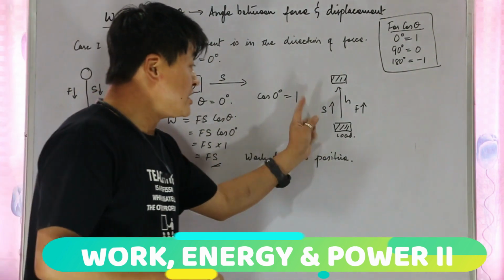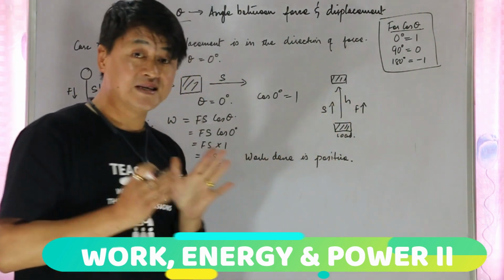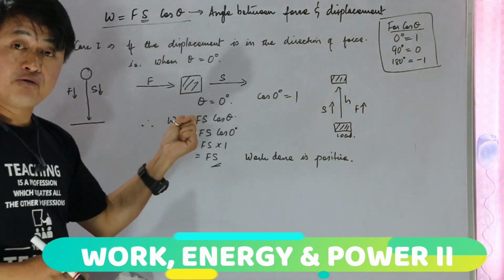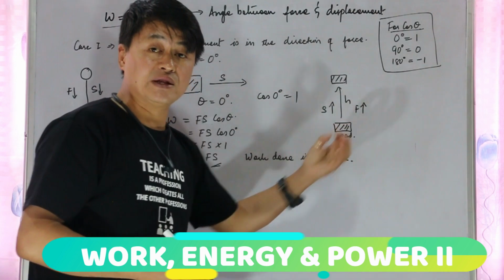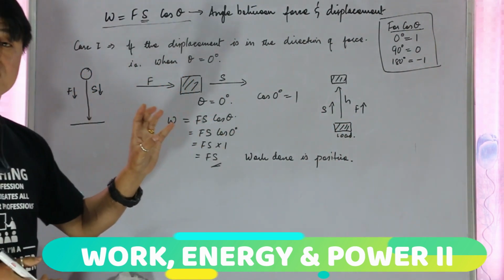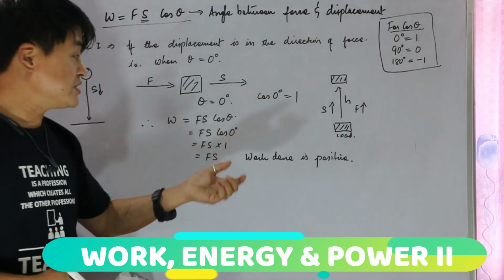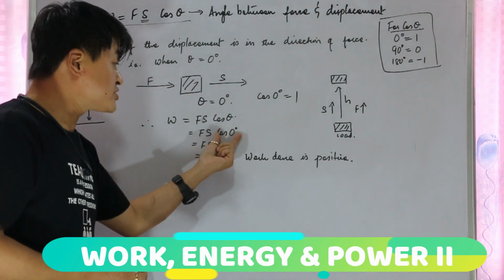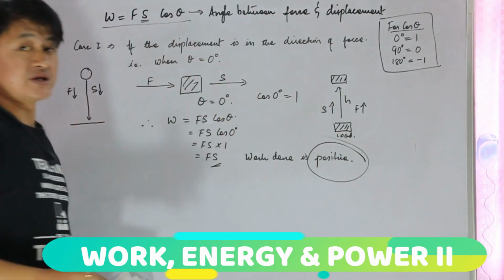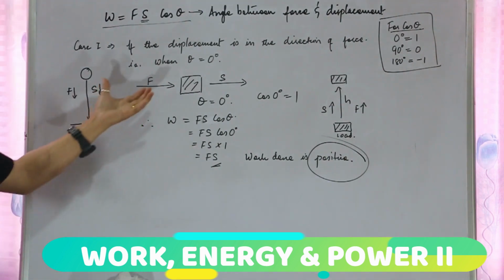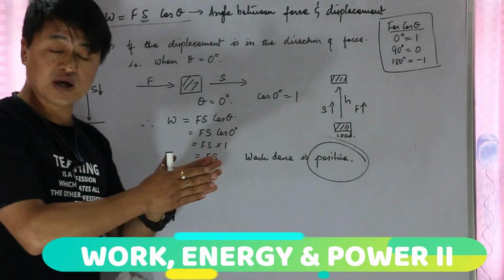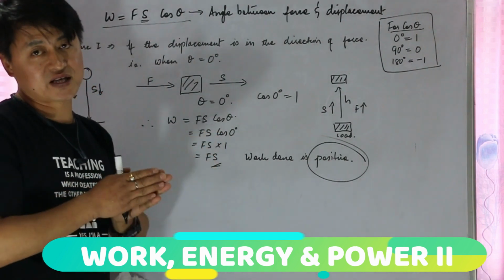So the direction of the displacement and the force is the same, and the angle between them is 0. When the angle is 0, cos theta is equal to cos 0 degree, and the value of cos 0 degree is 1. At that time the work done is positive. These are the cases when the work done is positive: when the force and the displacement are along the same direction.